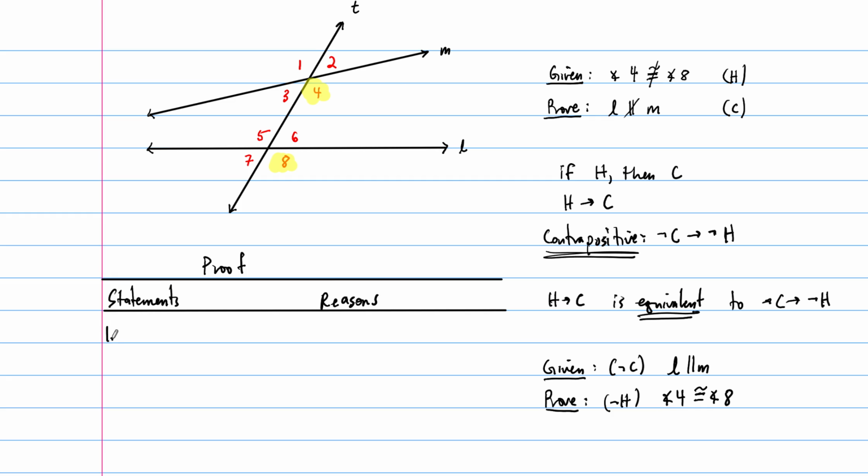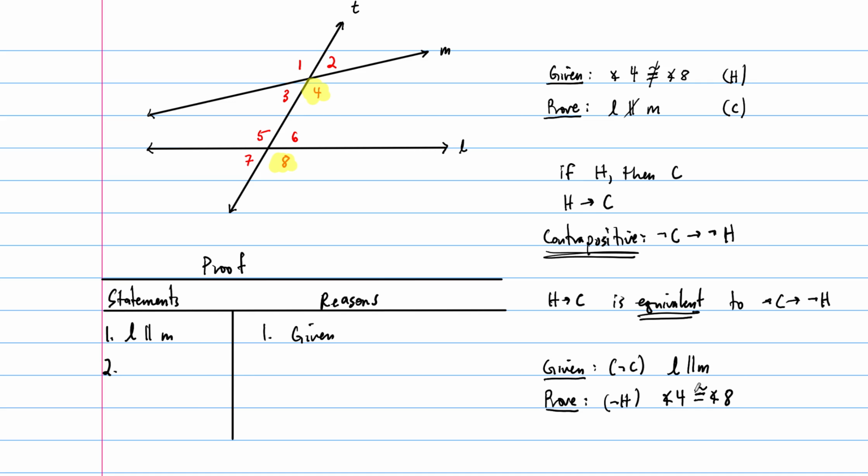So number 1, this time what we're given is that L is parallel to M, and the reason for that is it's given. Now we can immediately say that if we assume that L is parallel to M, then angle 4 is congruent to angle 8, because those are corresponding angles of parallel lines cut by a transversal.